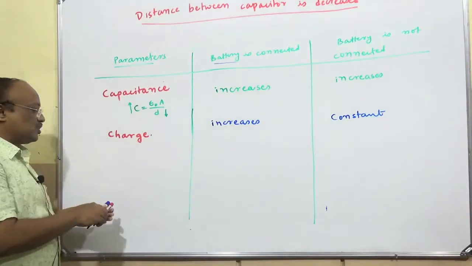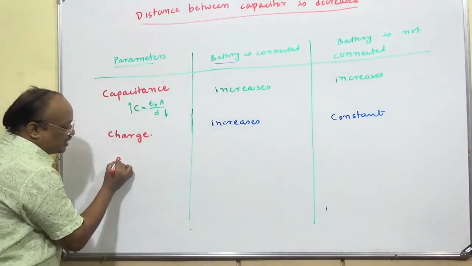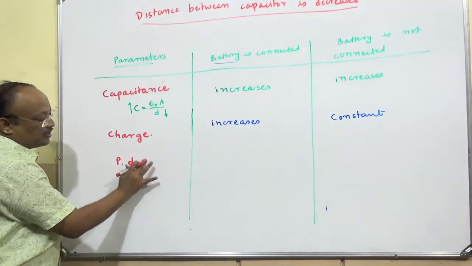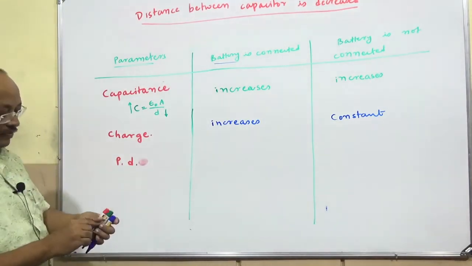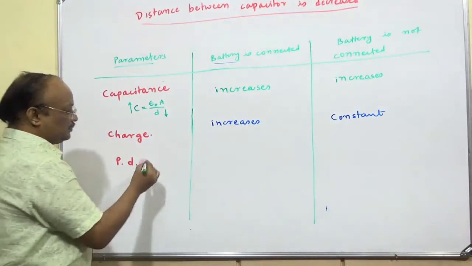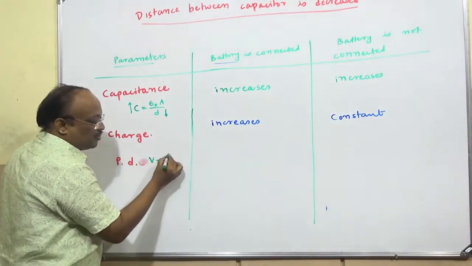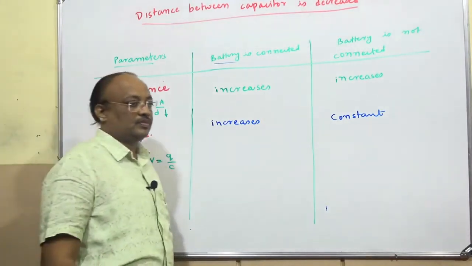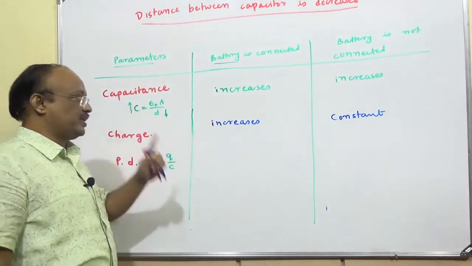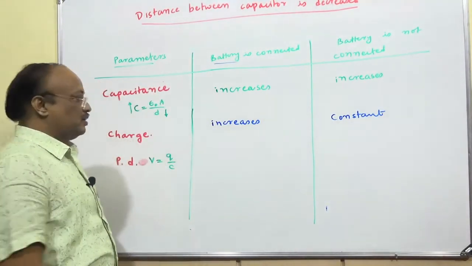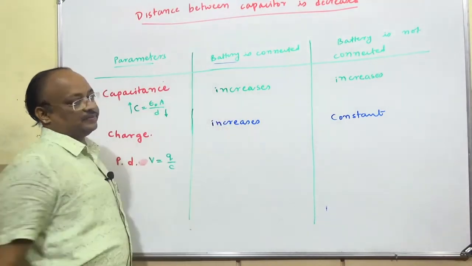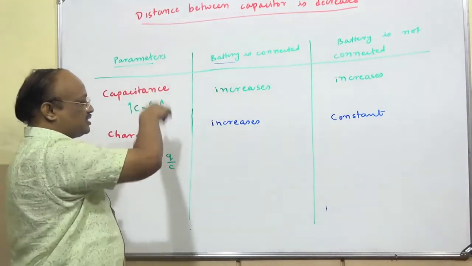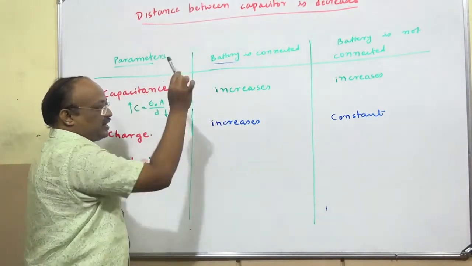So what happens to the potential difference? V is equal to Q by C. So charge is increasing when the battery is connected, as the distance is decreased.